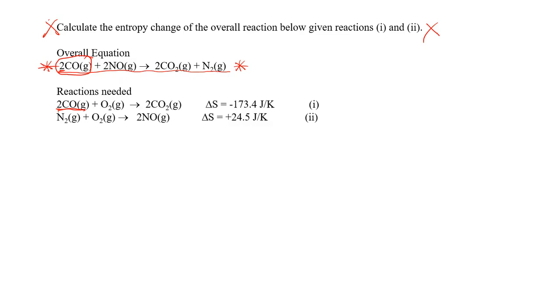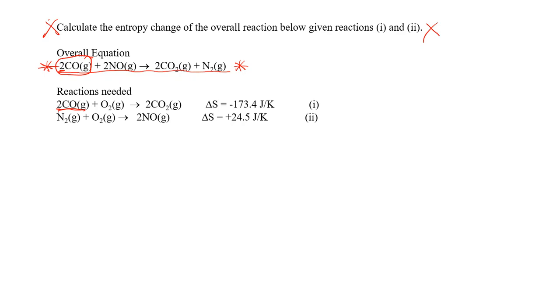The third part is we are going to look at the carbon monoxide and say, in the overall chemical reaction, is carbon monoxide a reactant? What about in equation 1? Is carbon monoxide a reactant? So we find that in both overall equation and equation 1, carbon monoxide is a reactant. So three things.